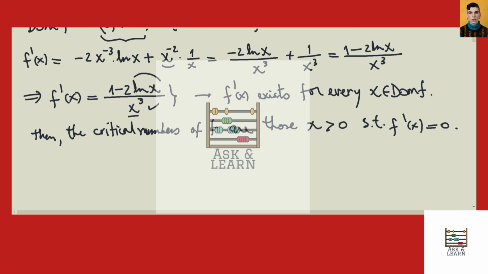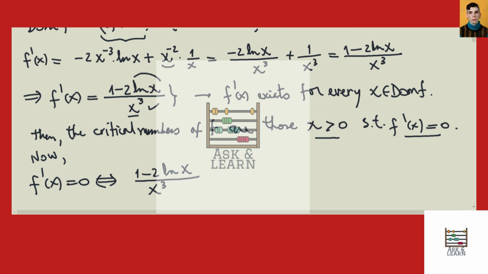So we've got to solve the equation f derivative equals 0 for positive values of x. So we start with first derivative equal to 0. It's the same as saying that 1 minus 2 natural logarithm of x over x cubed is 0.